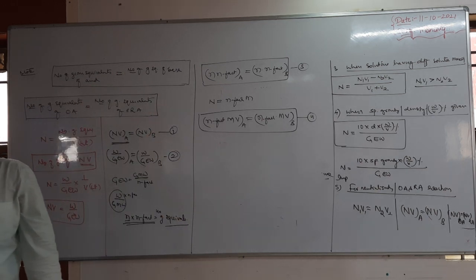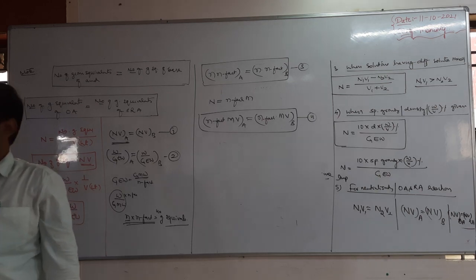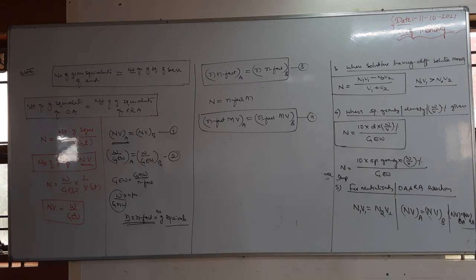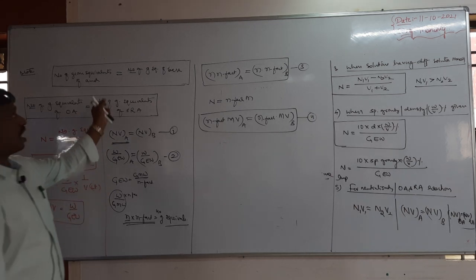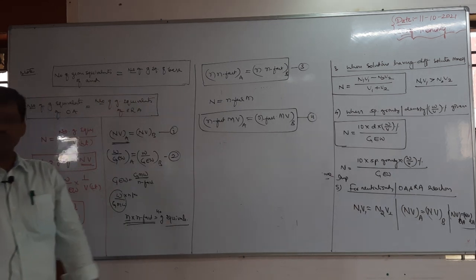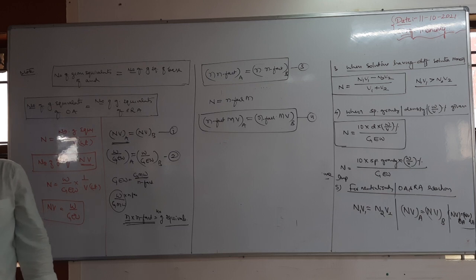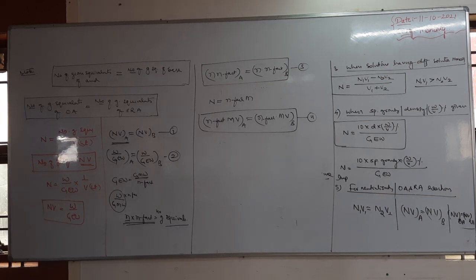Suppose I take 10 gram equivalents of hydrochloric acid, it reacts with 10 gram equivalents of base. If I take 5 gram equivalents of hydrochloric acid, it reacts with 5 gram equivalents of sodium hydroxide.